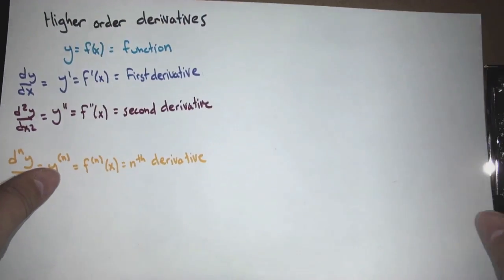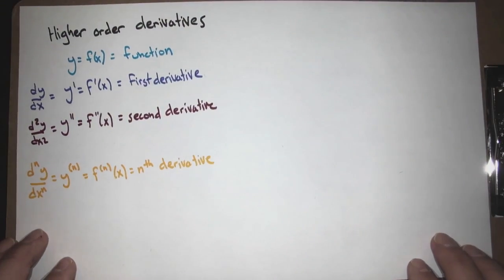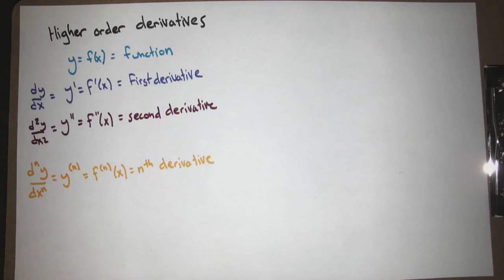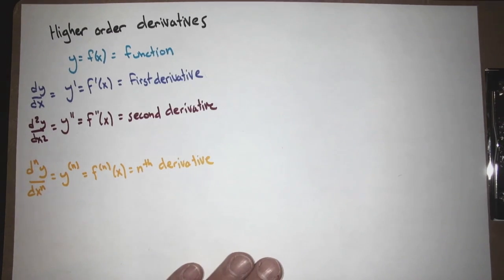And now, in our remaining time, we have today higher order derivatives. So we've talked about a derivative. We can take a derivative, no problem. We have this idea, y prime, f prime, dy dx. But we can also talk about second derivatives.